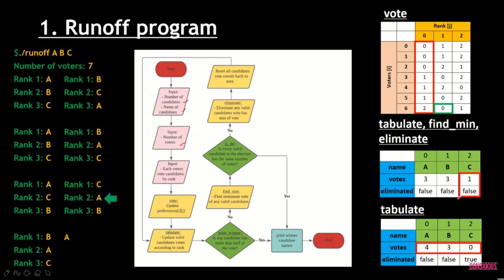Basically we just change this to this. Sorry, before this step, we reset first, then we tabulate again, and only then do we change this into here. So this is the rough flowchart for this program.